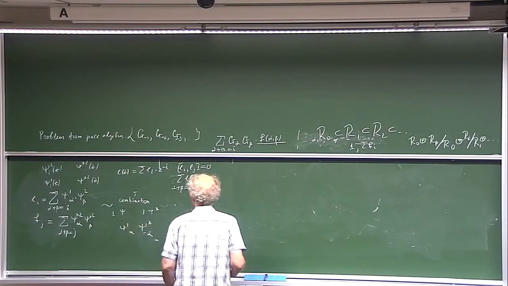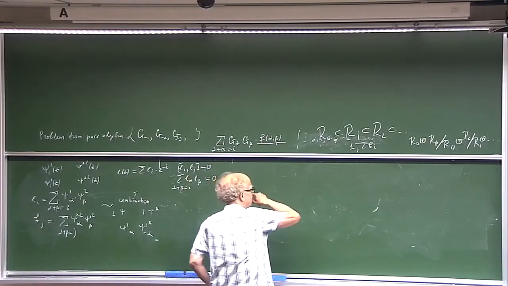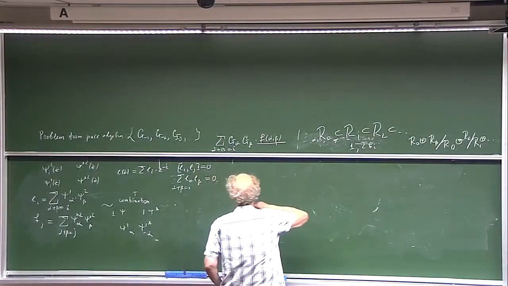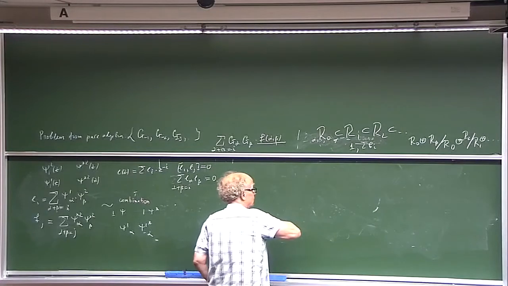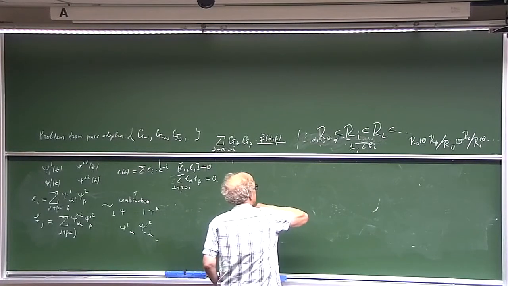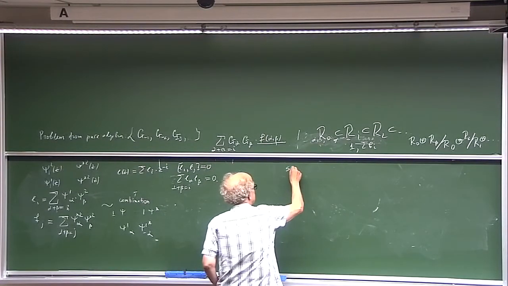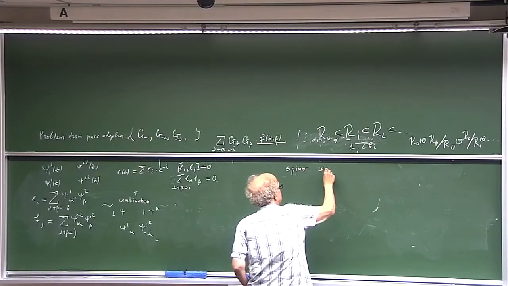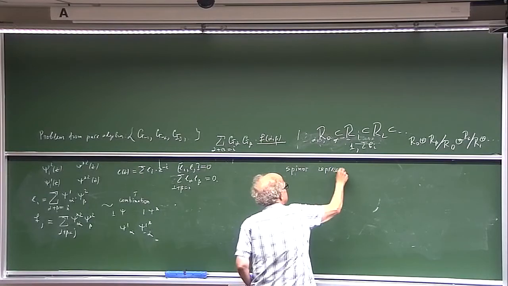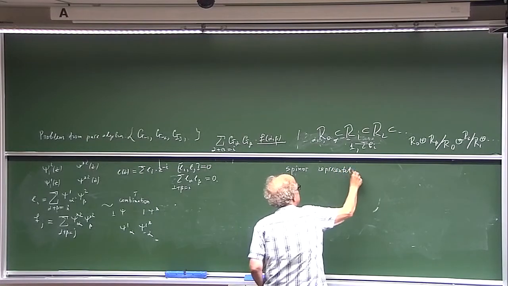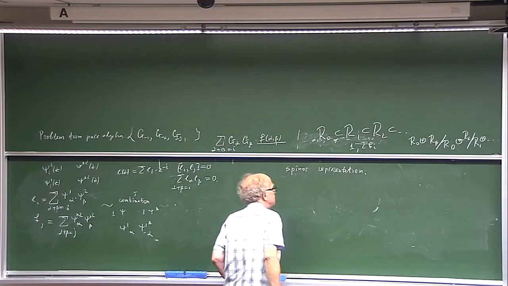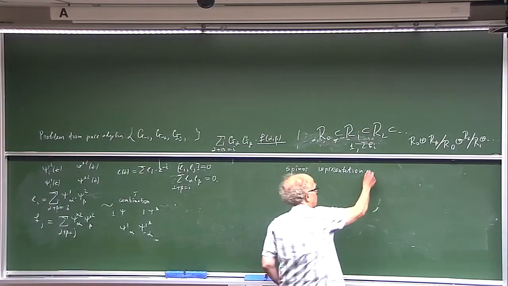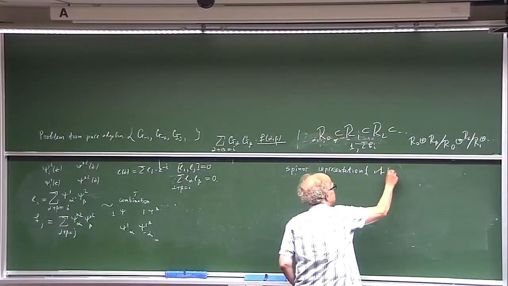something which is playing a role here. Maybe it is what I explained today, because if you never heard it, it can be useful. So what is the spinor representation? Spinor representation not of the group, the group is more complicated, but of the Lie algebra.